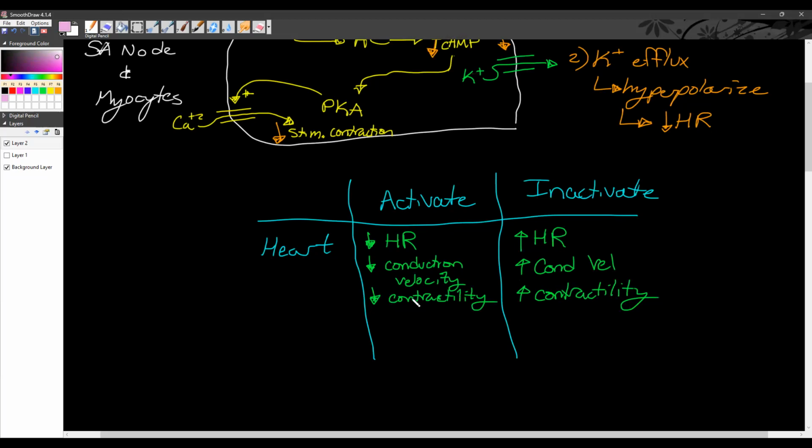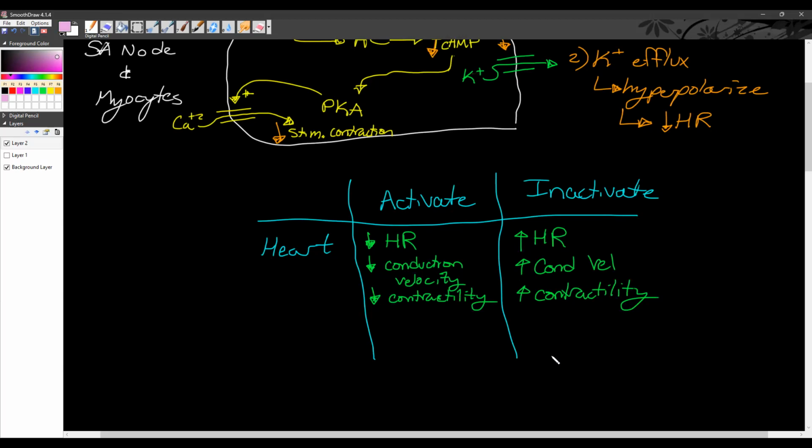Why do we not use muscarinic agonists for their effects on the heart? Side effects? Tons of side effects. So back in the day, when we only really had muscarinic agonists to use, yeah, we would use them for hypertension, we would use them for heart failure, that sort of thing. Nowadays that we have better drugs, we don't really use them for the effect on the heart.